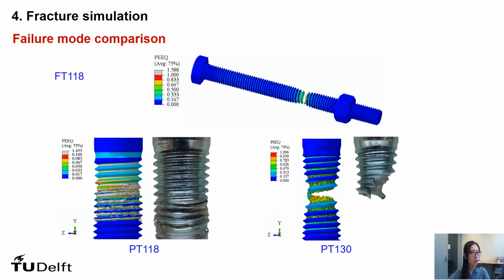And this slide shows the tensile fracture failure mode of FT118 and PT130, and the thread stripping failure mode of PT118. The former is simulated using C1 equal to 0.3, and the latter is simulated using C1 equal to 0.1.